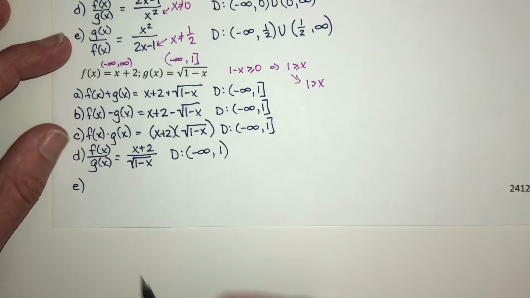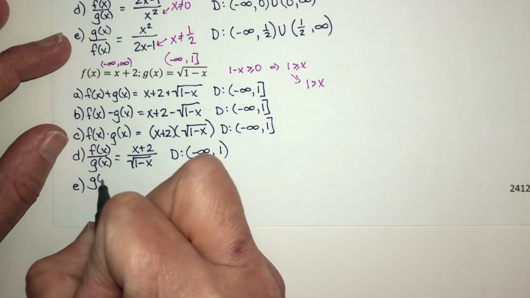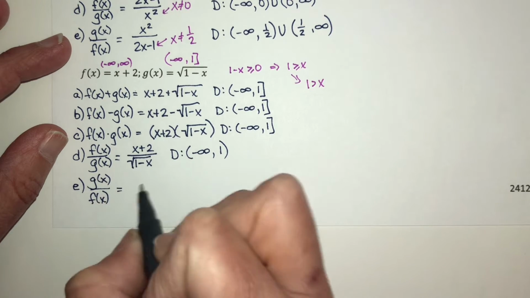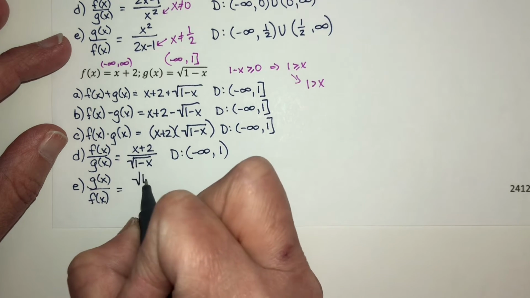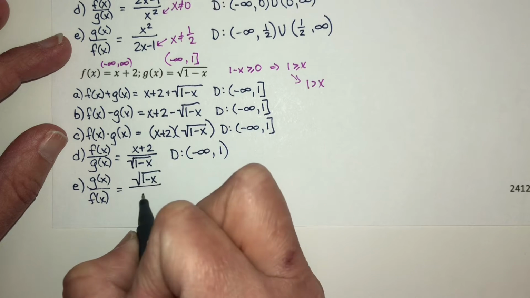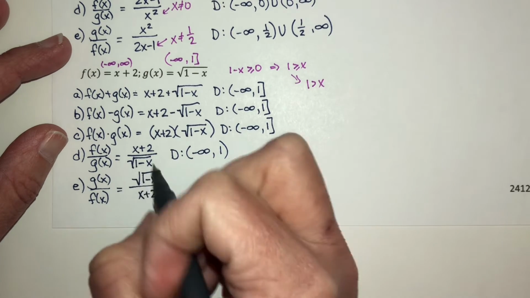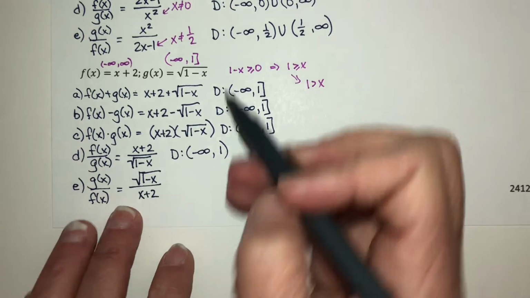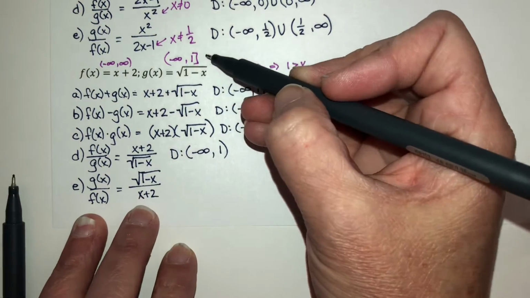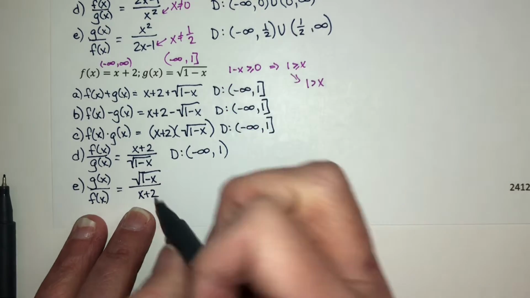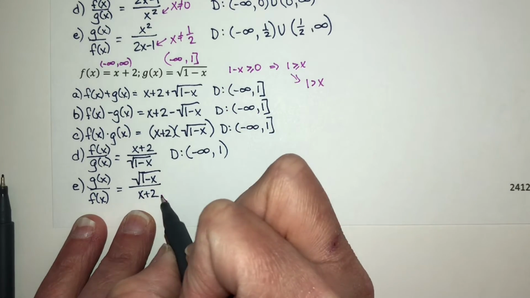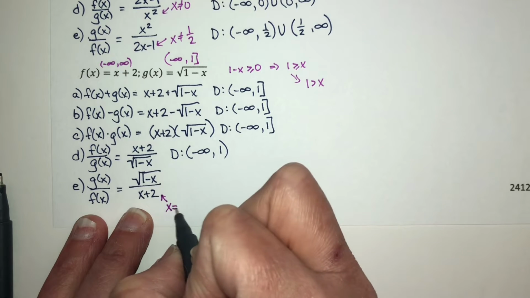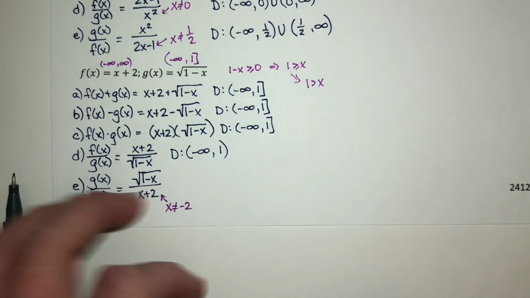Now for E, this will be g of x over f of x. So that will be the square root of 1 minus x over x plus 2. We know the domain of the top, so it's at least going to be that restrictive. But down here, now we have to figure out what makes that 0, and that would be negative 2, so our x cannot equal negative 2.